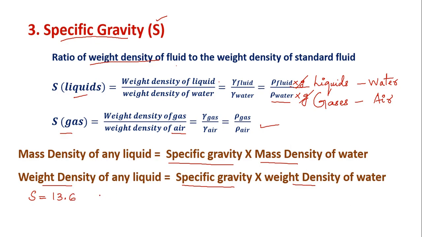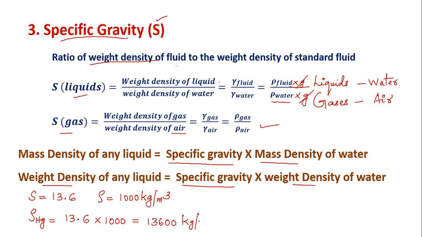And we know that mass density of water is 1000 kilogram per meter cube. Mercury is a liquid, so we need to consider standard fluid as water. So from this we can calculate density of mercury. Density of mercury will be specific gravity of mercury into density of water, that is 1000. So we will get it as 13600 kilogram per meter cube.